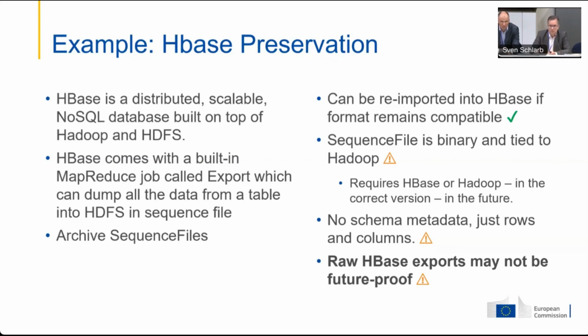What is good is you can use these sequence files to re-import them into an HBase database if the format remains compatible. That's good. But the sequence file is binary and is tied to Hadoop, and it requires HBase or Hadoop in the correct version in the future. I don't know, in 10 years, in 15 years, how does that look? We have no schema metadata, just rows and columns. So we can conclude that raw HBase exports may not be future-proof for preservation.